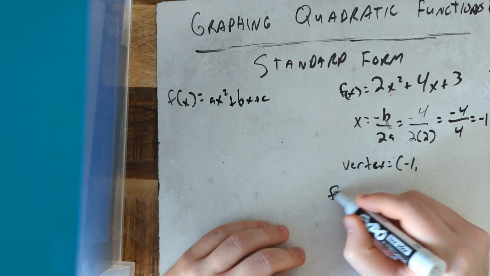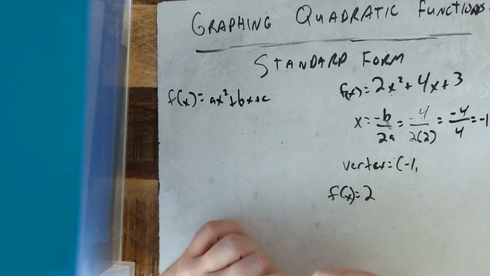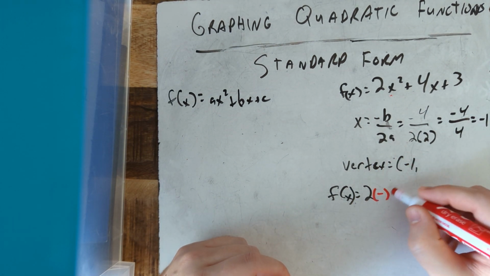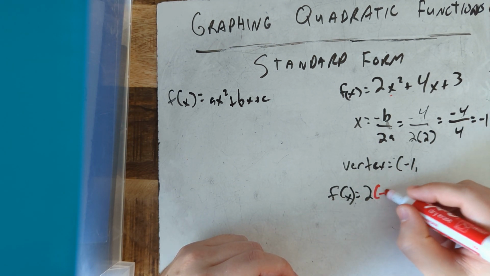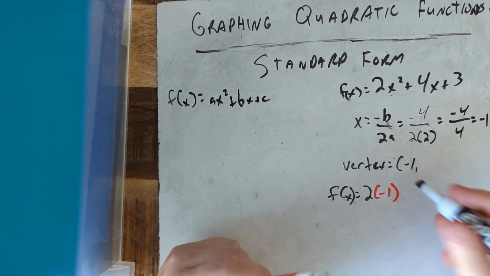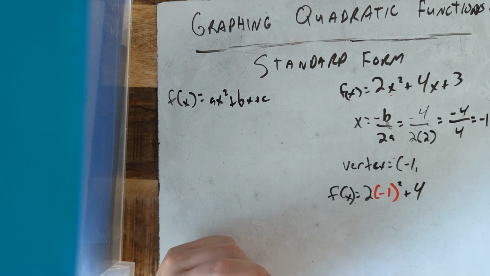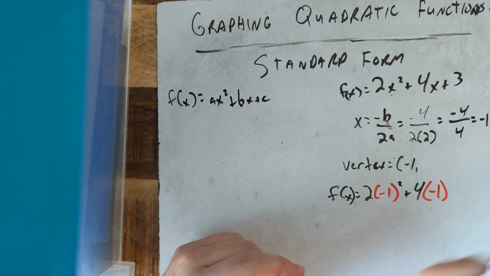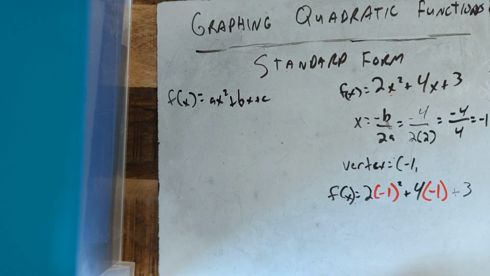So let's go: f of x equals 2, and instead of an x, we're going to plug in our x, which is negative 1, squared, plus 4, and remember, instead of x, we're using our negative 1, and then plus 3.